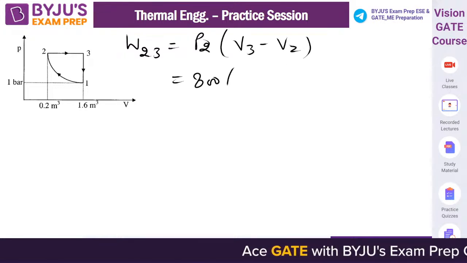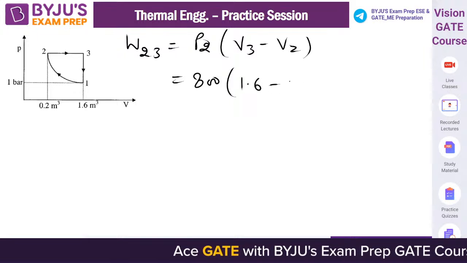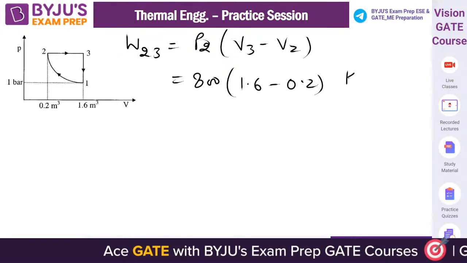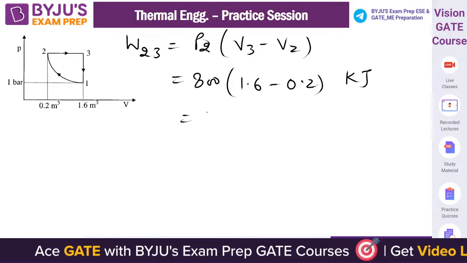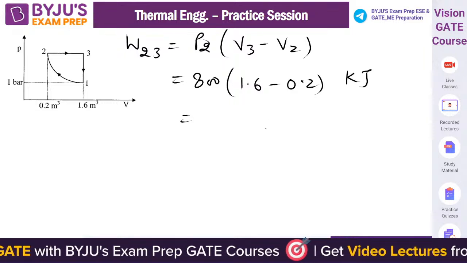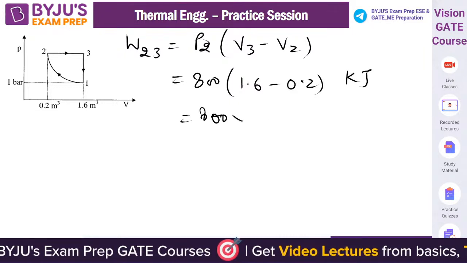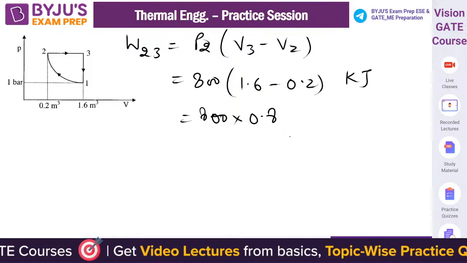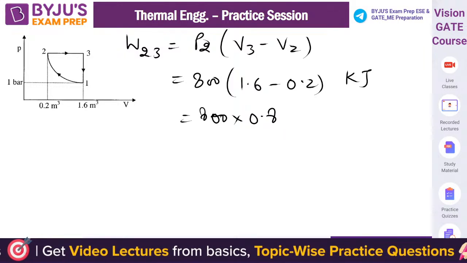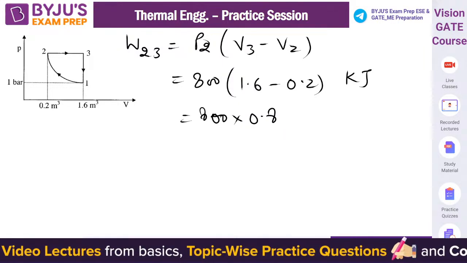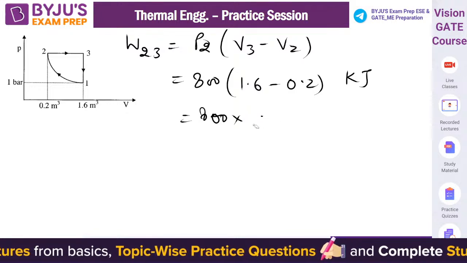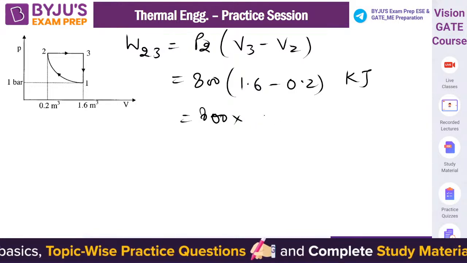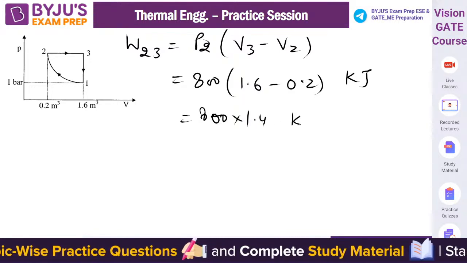P2 is 800 kilopascal, V3 is 1.6 minus 0.2, that will be kilojoule. 800 into, sorry, 1.4. 1.6 minus 0.2 is 1.4 kilojoule.